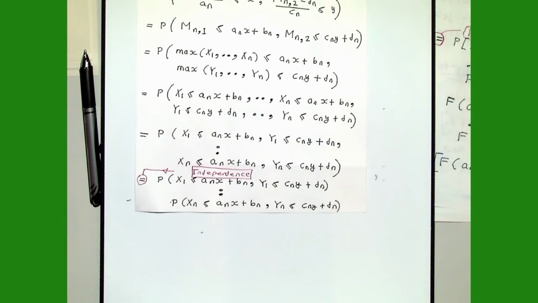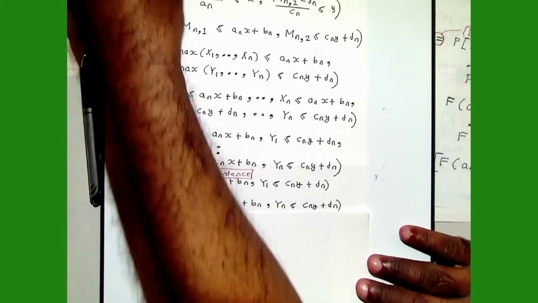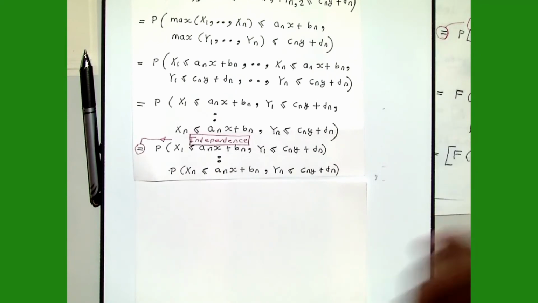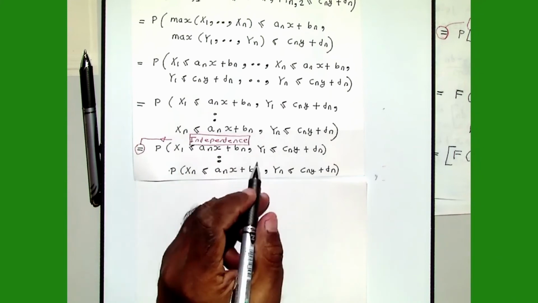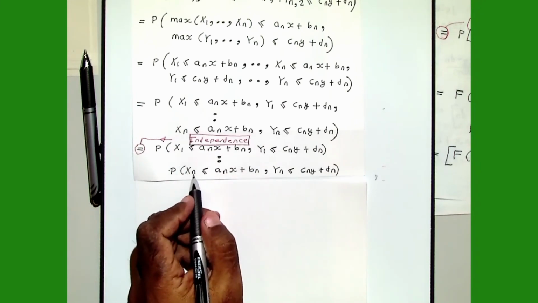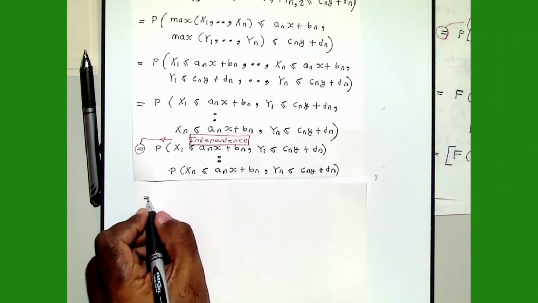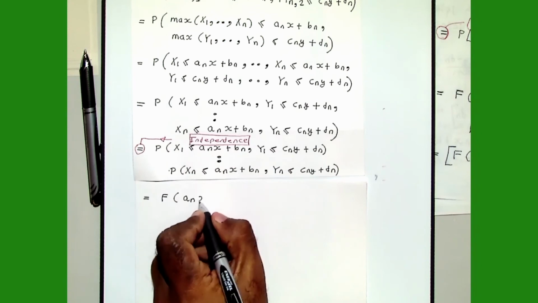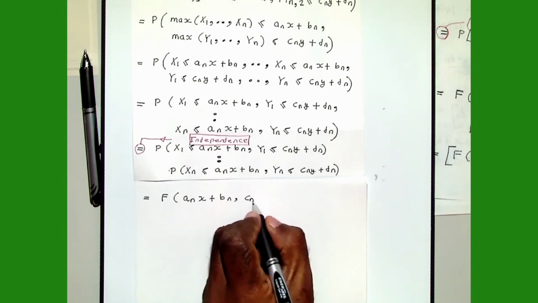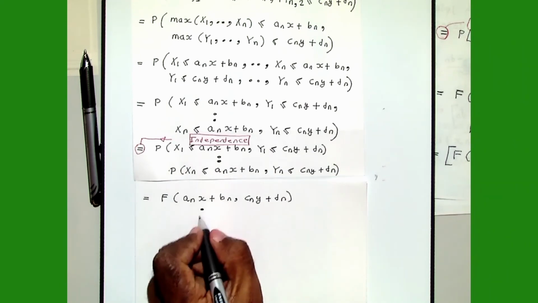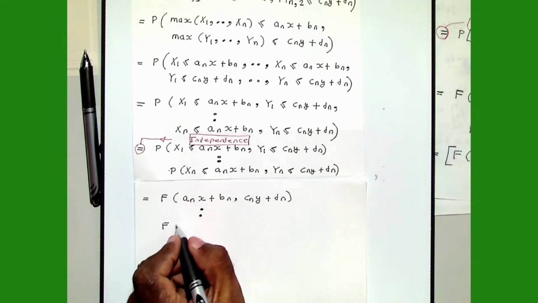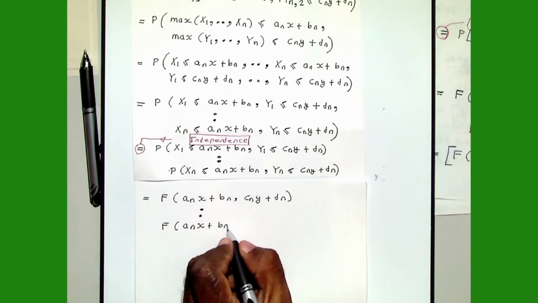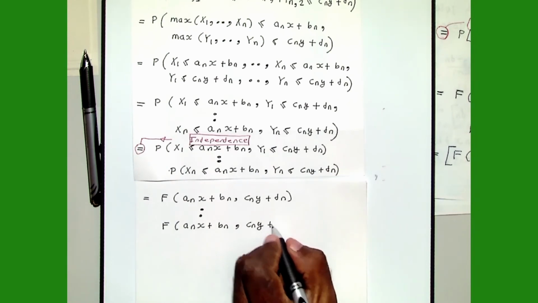So we are not done yet. In the next line, we are told that the joint CDF of x1, y1 is capital F, and similarly the joint CDF of xn, yn is capital F. So what you have here is equal to F, the first term is capital F at Anx plus Bn, comma Cny plus Dn, and the same thing until the end.